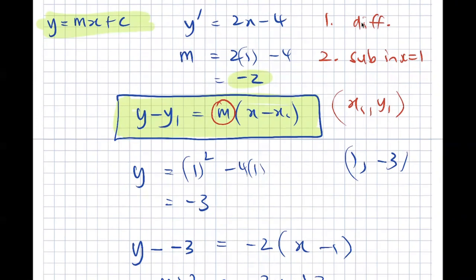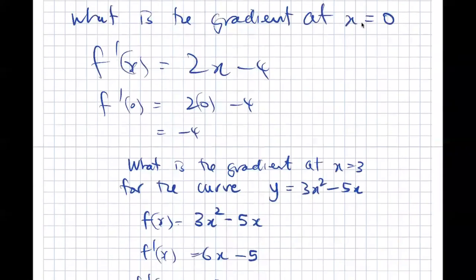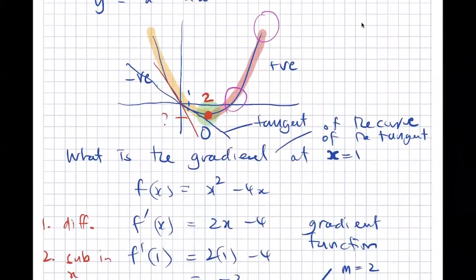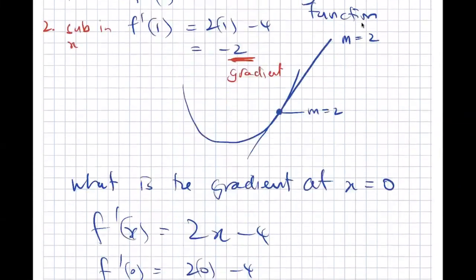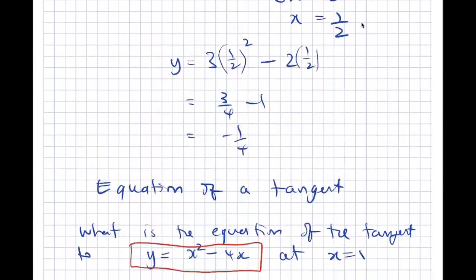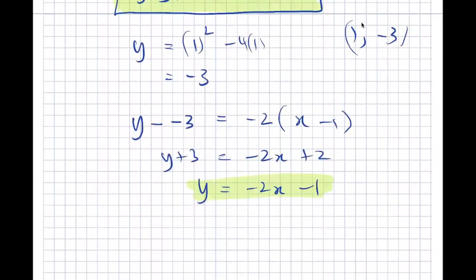And the point on the tangent has to be, if we go right back up to the start there, and we've got a tangent there, it needs to be a point that's right on that tangent. So if it's there, or wherever it is. But I need that point on the tangent, which is also the point on the curve, right?